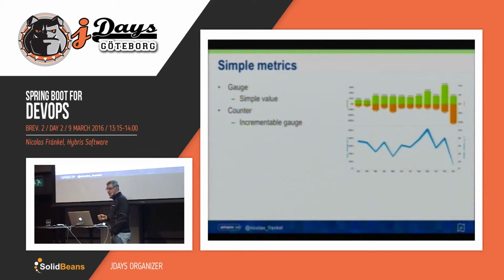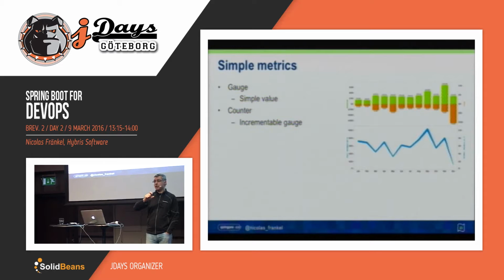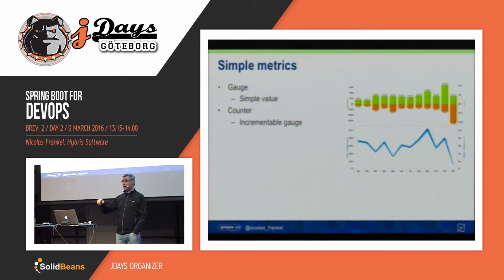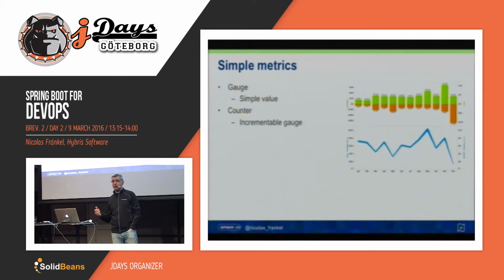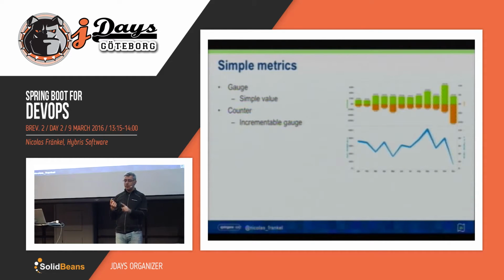Another kind of metric is a counter. And basically, the counter is just a gauge that increments itself. A good example of a counter is the number of views for a specific page, because the value at time X depends on the value of the previous time.